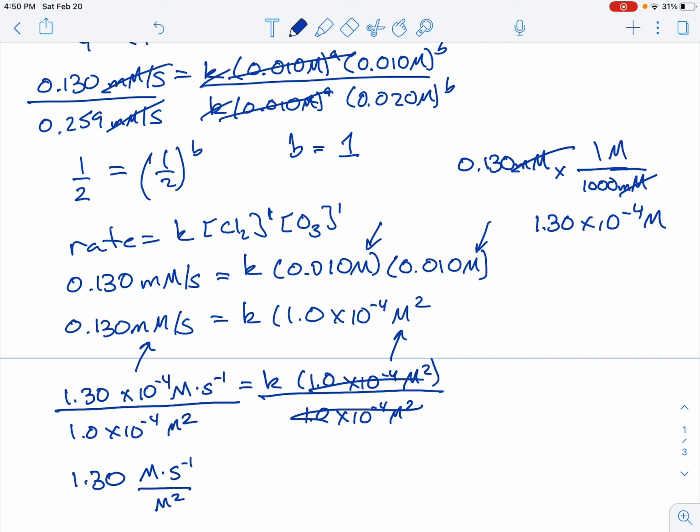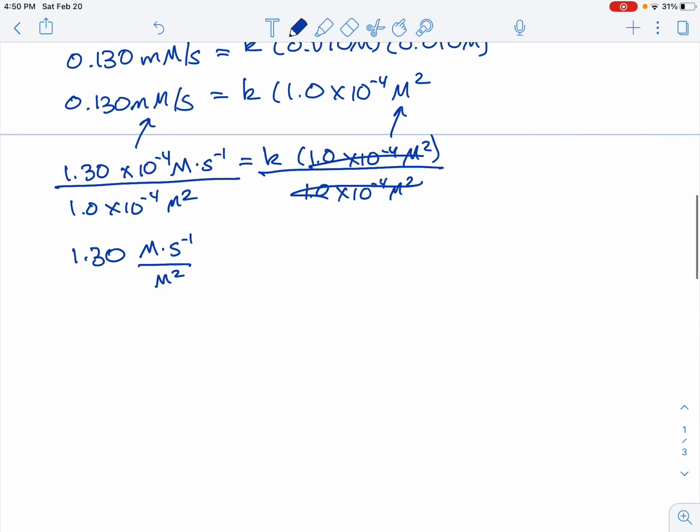So I'm going to remind you here of a little algebra that you may have forgotten from 9th grade. If you have x to the a over x to the b, that's the same as x to the a times x to the minus b, because when you bring something from the denominator up to the numerator, that switches the sign of the exponent.